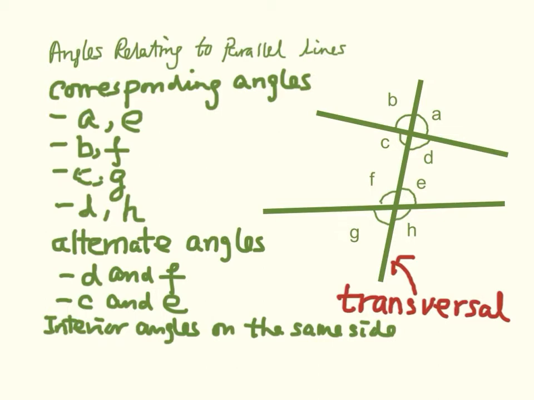So in this case, D and E are interior angles on the same side, and the other pair is C and F. So based on the above definition, we will not say A and H are interior angles on the same side.